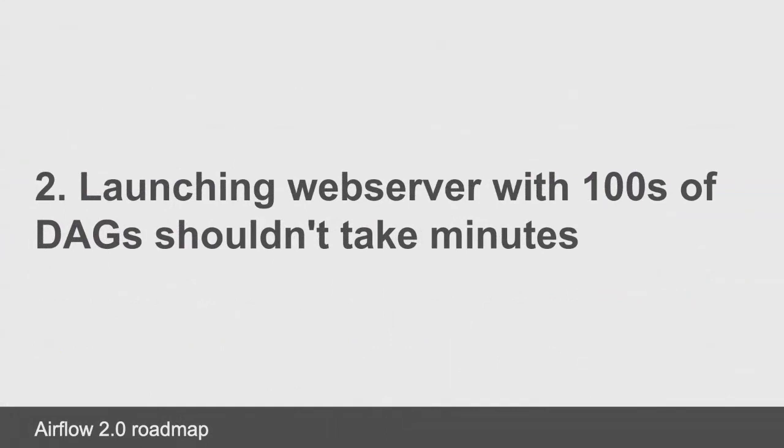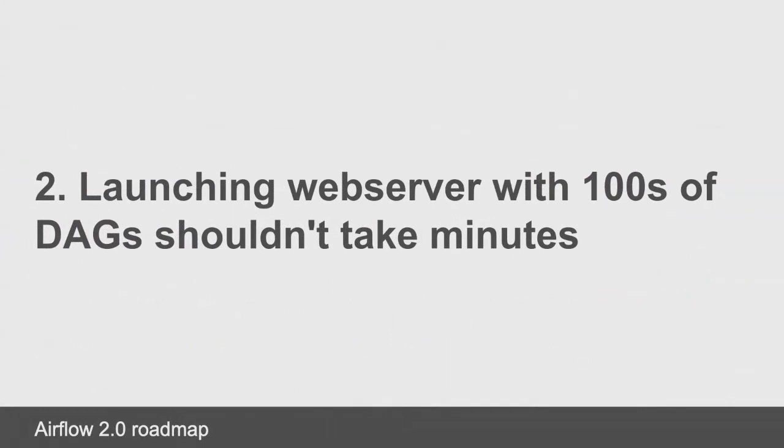Improving the speed of the web server. Right now, if you have a large number of DAGs, your web server may not ever start up. We've got some people who've got 1,000 DAGs, and you have to change the worker timeout to like 10 minutes because it slowly, sequentially, is creaking at the seams. So we've started on that.